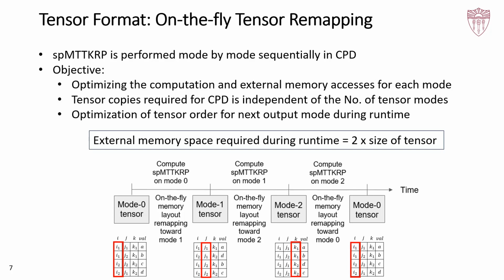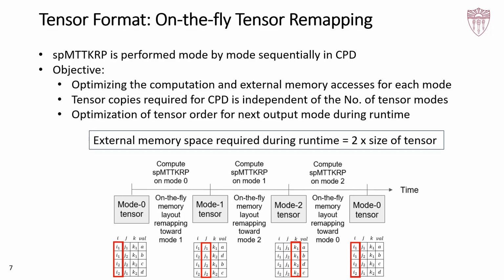So what we are proposing is optimizing the computation and external memory access for each mode. Since computation happens mode by mode, while performing the sparse MTTKRP computation for a mode, we are preparing the tensor for the next mode by remapping the non-zero elements, optimized towards the upcoming tensor mode.